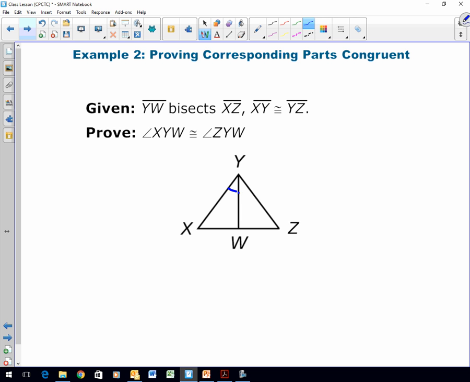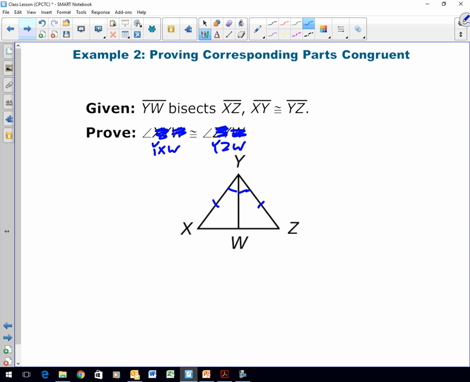So I am bisecting those angles. I'm going to change this question up: angle YXW is congruent to angle YZW. All right, what other information was I given right here? XY is what? What does that mean? So XY is congruent to YZ, correct?